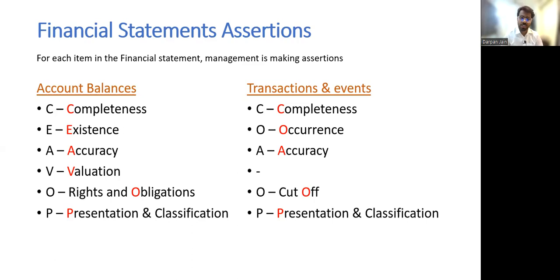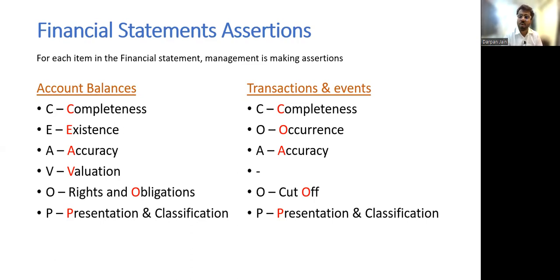When you're looking at the various balance sheet items like fixed assets, trade receivables, bank and cash, inventory, or current liabilities like trade payables and loans outstanding, any item in your balance sheet, what assertions do you check as an auditor? You check for CEAVOP, CVOP. Remember, you check for what?